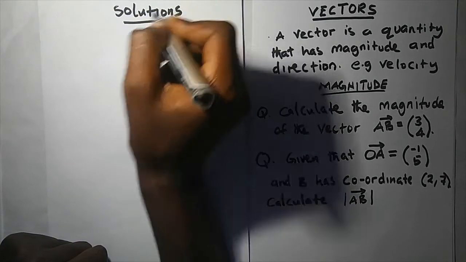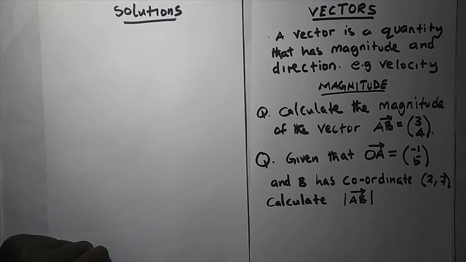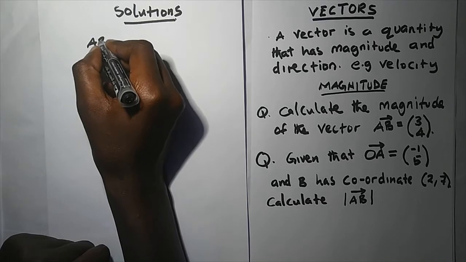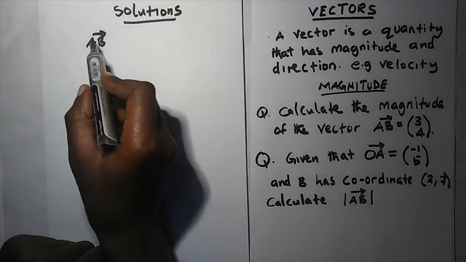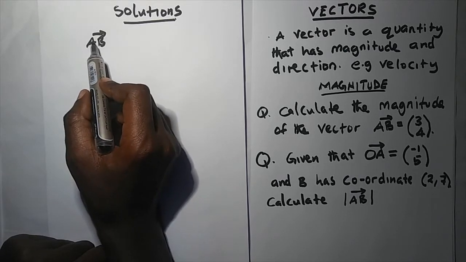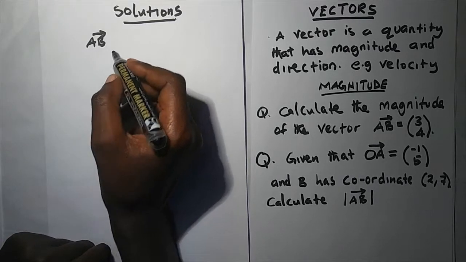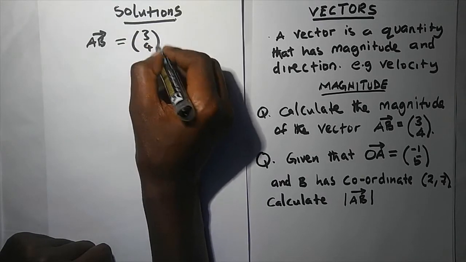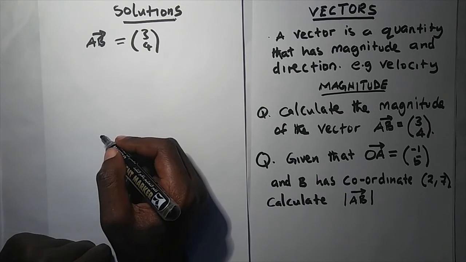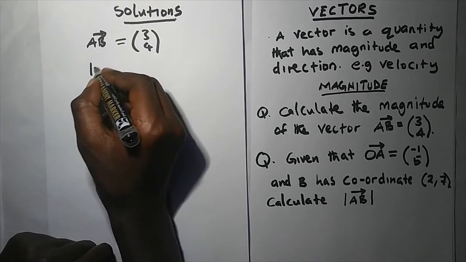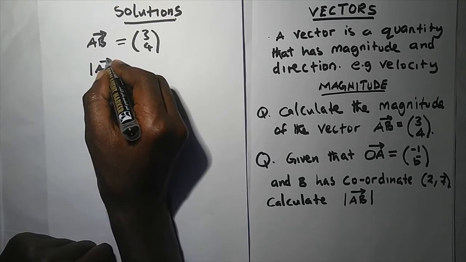Okay, we are going to look at the solutions, and in our first question we have the vector AB. As you can see on top here, we have an arrow pointing in the direction of the vector. So this gives us the direction, and this is given by 3 and 4. The formula that we use for calculating the magnitude of a vector is the magnitude of the vector AB in this case.